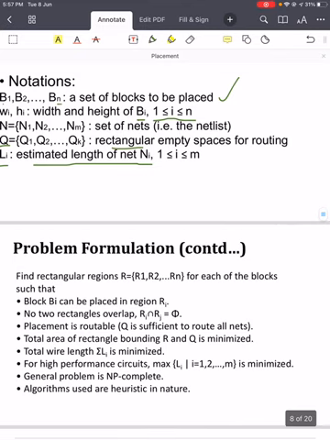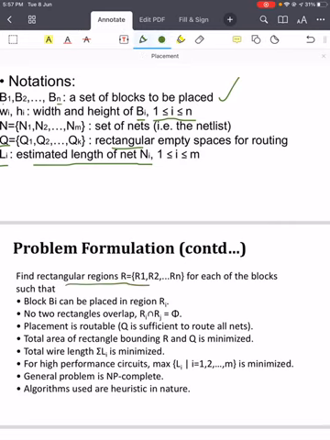Now, having said that, our objective of the placement is to find the rectangular regions R1 to Rn for each of the blocks, such that the block Bi can be placed in region Ri. The second criterion is that no two rectangles overlap, so Ri intersection Rj should be null.